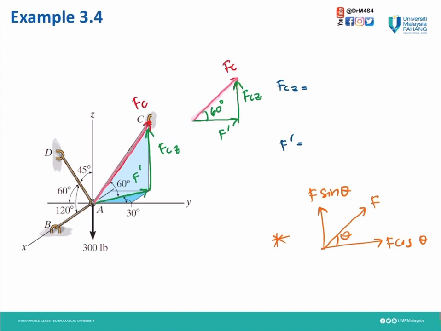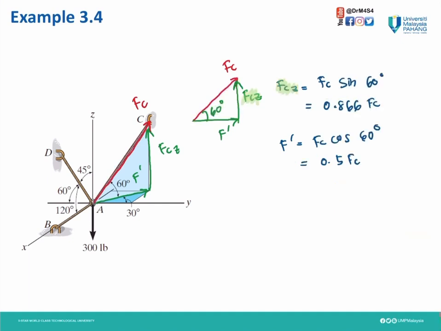Remember this: when we have force F and angle theta is given, we can resolve into this direction as F cos theta, and in this direction F sin theta. Now we can find our FCZ and F prime. So our FCZ is FC sin 60 degree, and our F prime is FC cos 60.